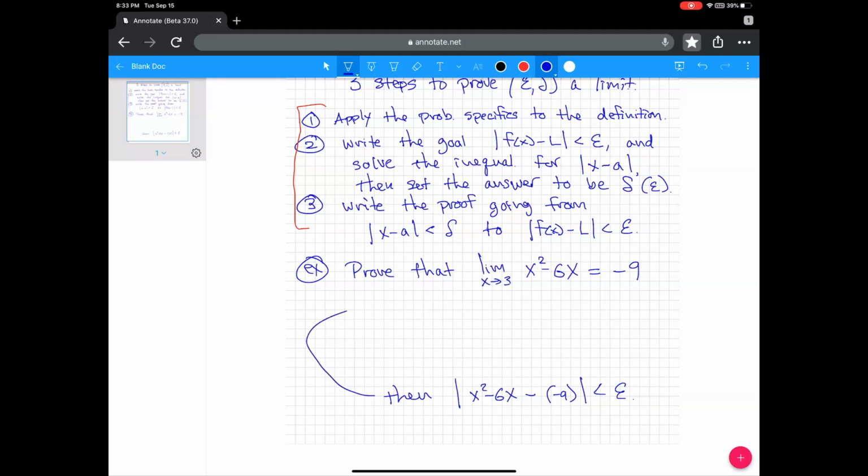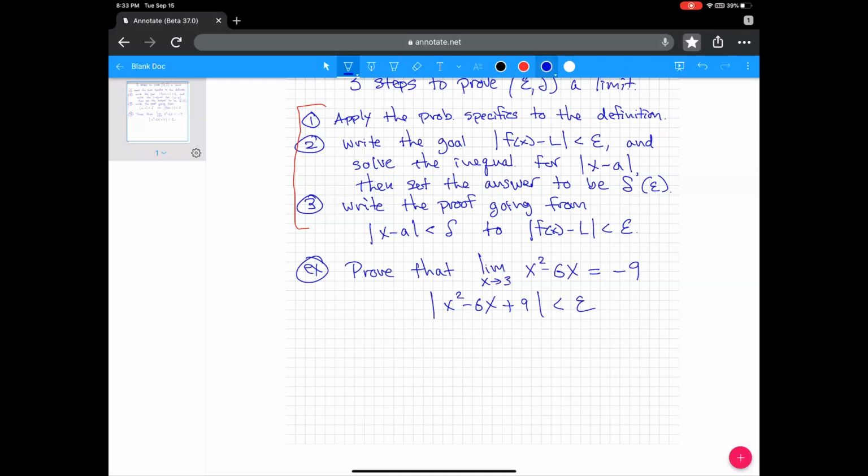So from here, I'm going to put this up here. So this is part 2, step 2. We have x squared minus 6x, and I'm going to change minus 9 to plus 9. So this is what we want to be able to establish, that this is less than epsilon. That's where we want to end up after I simplified a little bit with the minus minus.